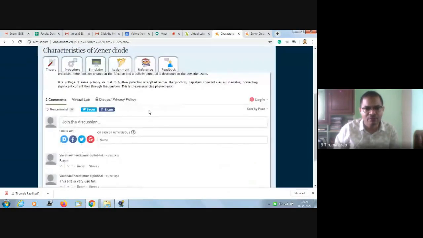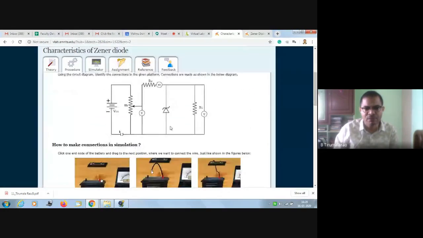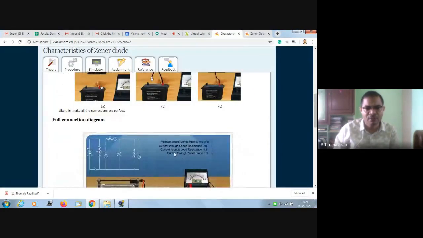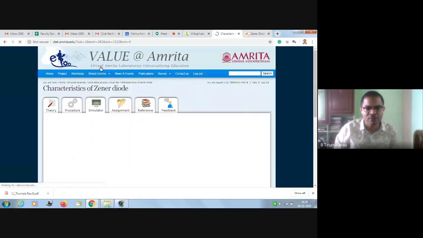This is also the same procedure, same setup, but the simulator and the tabular forms are different.